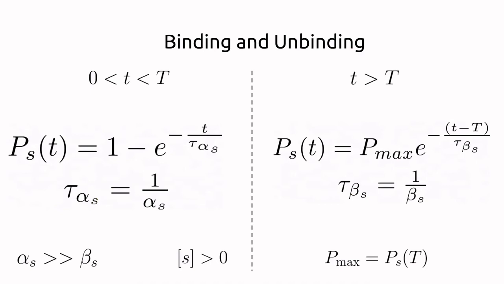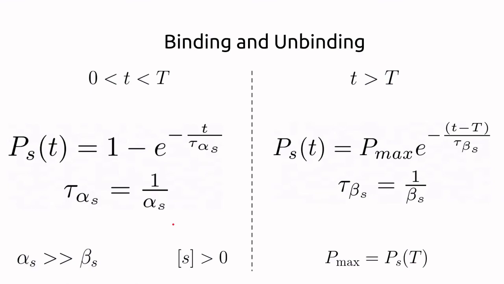And we solve these equations, using the step function over the concentration of the neurotransmitter, to get the following solutions. During the binding period, that is to say from t equals 0 to t equals capital T, the activity of the synapse increases, it asymptotes towards a value of 1, complete activation. And this is in a shape that is controlled by some time constant tau alpha s, and that is simply 1 over alpha s, which is the binding rate.